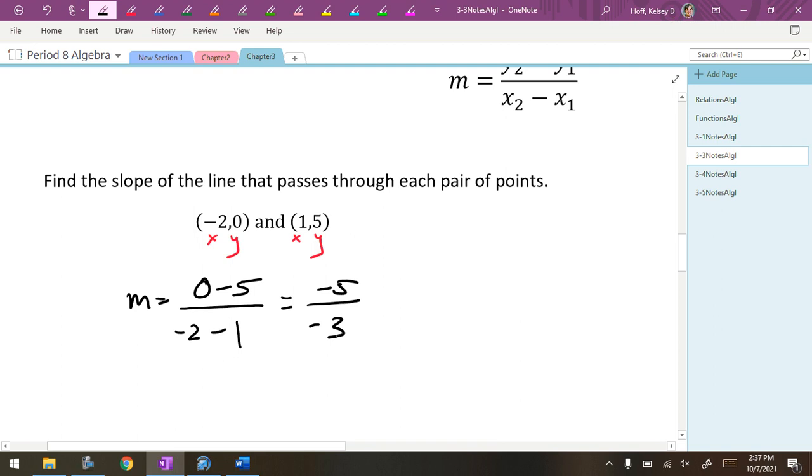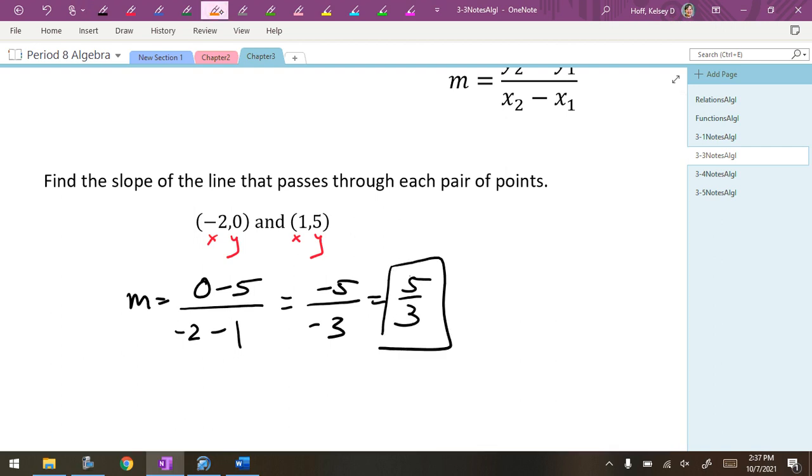Can you reduce that? -5 divided by -3 is actually a positive 5/3. A negative divided by a negative is a positive.